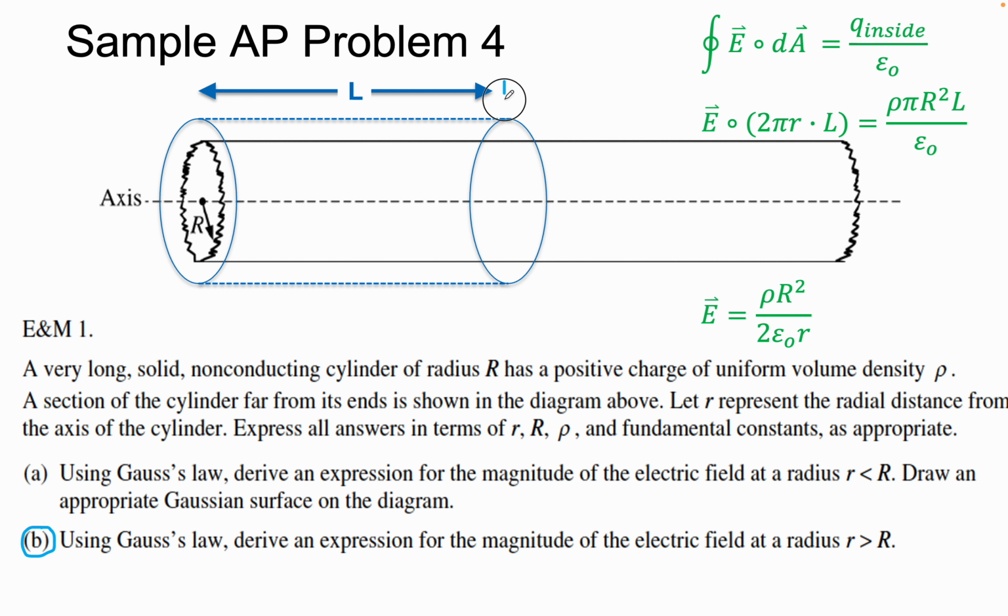I've defined the length as L. And just plugging it in, area is going to become 2 pi r L. The charge inside will be the volume of that cylinder that's contained inside it, just the part that has a charge, which is going to be pi R squared, the area of this edge, times the length L up to this point, if you can imagine it. And if you solve that, you'll discover that.